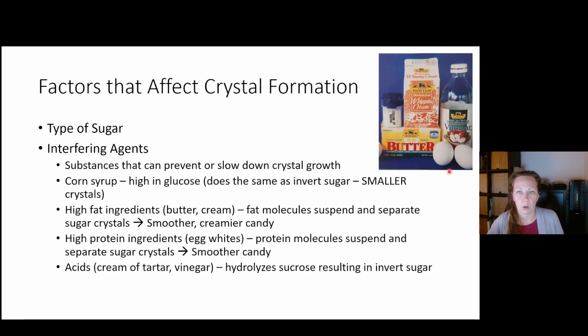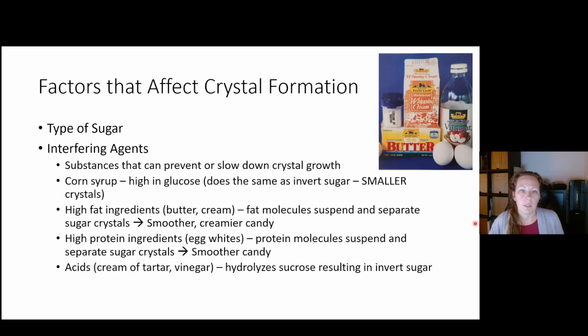Okay, and then finally acids. So cream of tartar, for example, or vinegar. This is actually kind of back to this same principle of type of sugar, because what the acids do is hydrolyze the sucrose, resulting in invert sugar. And so then we have the monosaccharides and less tendency to form crystals, and the crystals are smaller.